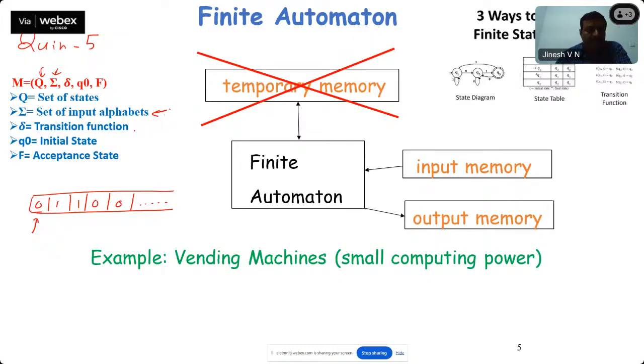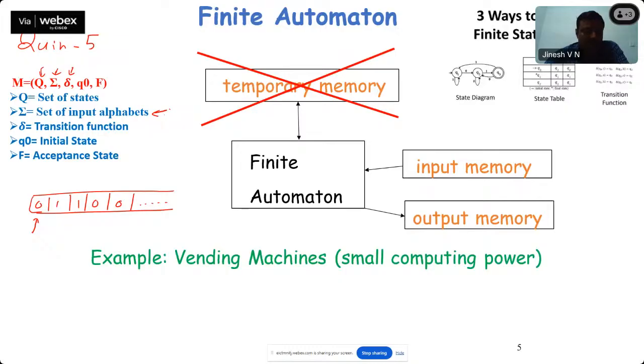Now we can see delta. Delta means transition function. We consider there is a function which controls the state transitions. In the example we have seen, your system is reading input, and based on the state of the machine and what input you are giving, your machine state will change.